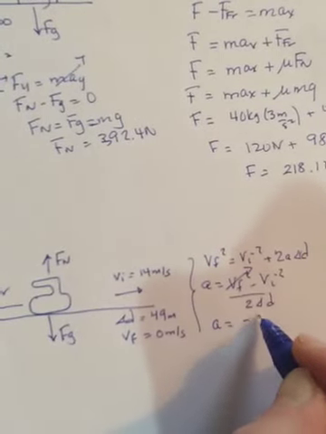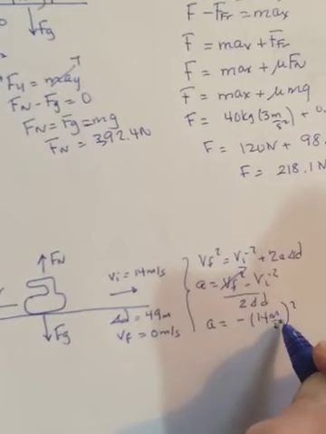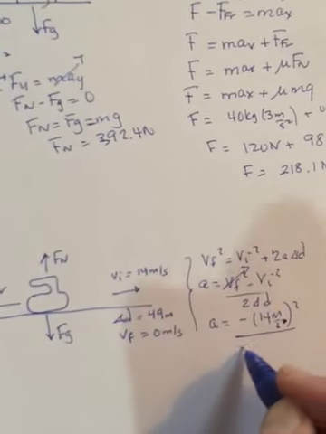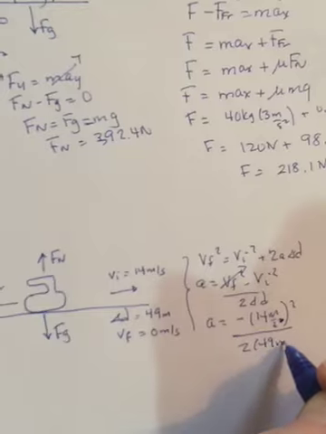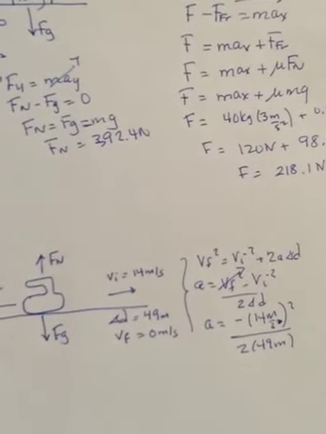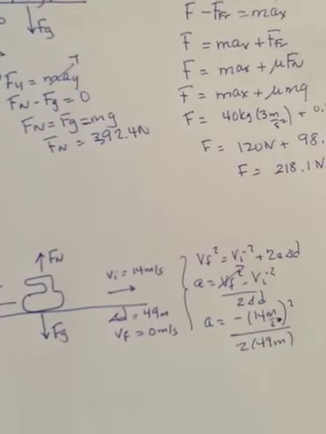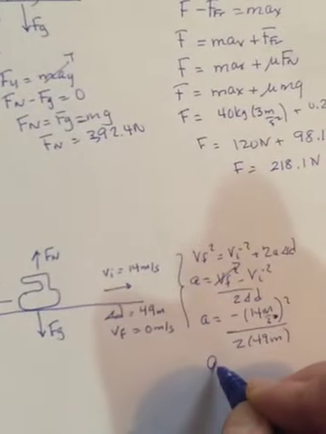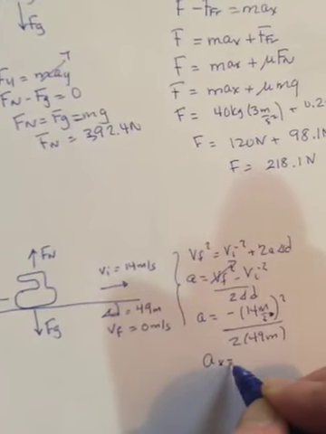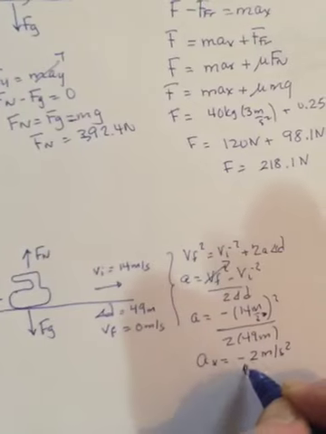So A is equal to negative 14 squared over 2 times 49. So on the top, 196 divided by 98. And it works out to be a nice perfect, and it's in the x direction, negative 2. Negative because it's slowing down, okay?